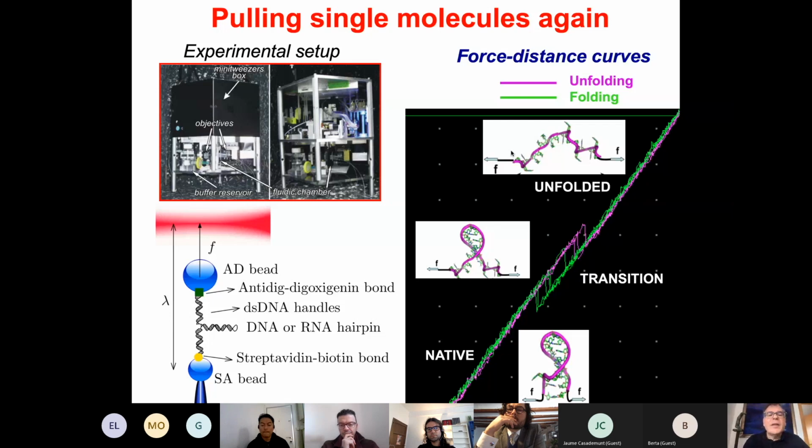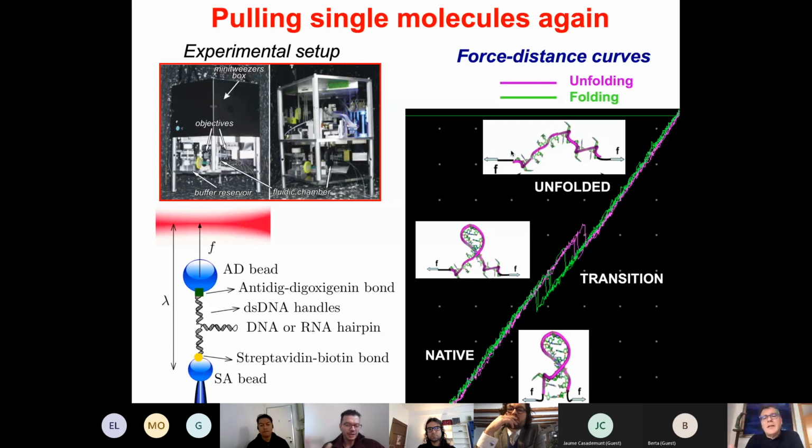So these experiments were done by moving the optical trap at 20 nanometers per second, which is among the lowest speeds we can implement in our piezoelectric device. In that case, you reach a quasi-equilibrium curve because hysteresis is negligible.